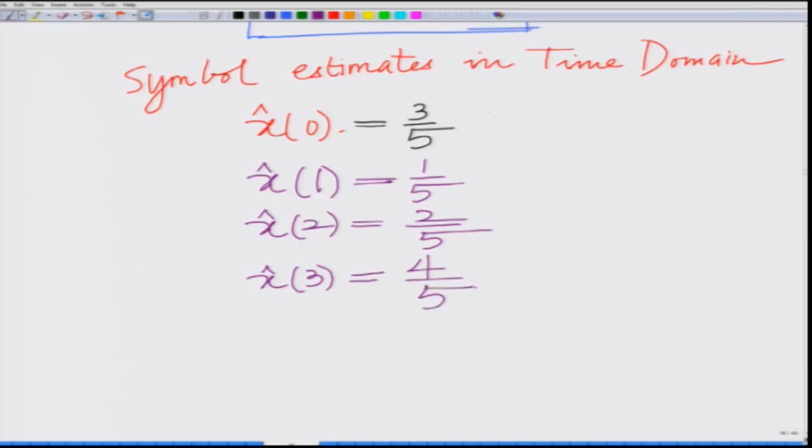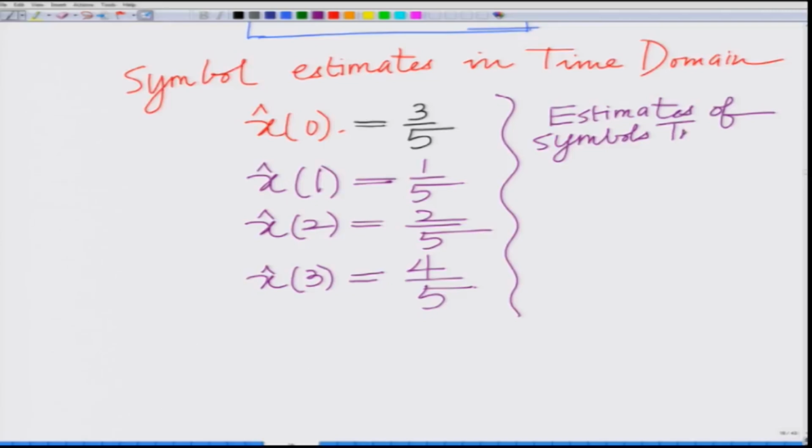So, these are the estimates of symbols transmitted in the time domain, and that completes your FDE, which is frequency domain equalization.